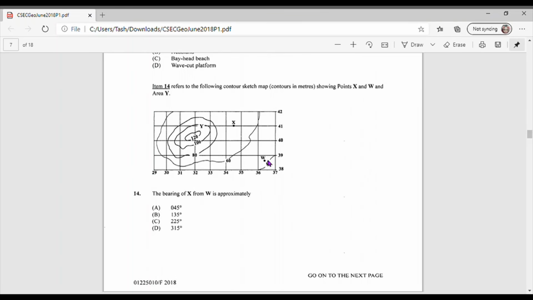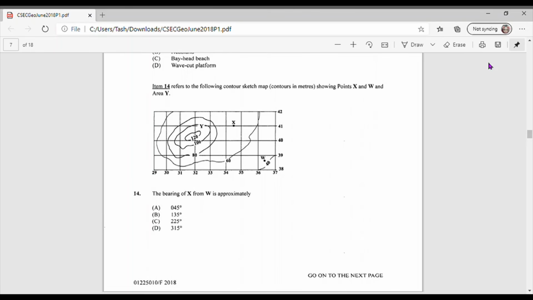That means when we connect the 2 points here, this would have been closer to northwest, and northwest in terms of degrees would have been 300 and something, somewhere about there based on this location. So we can already figure out that our answer for number 14 would have been letter D.